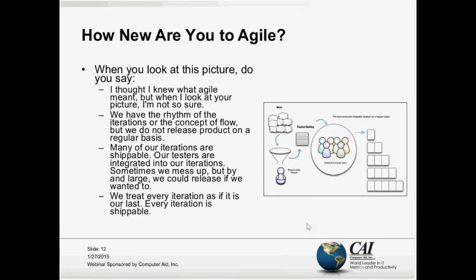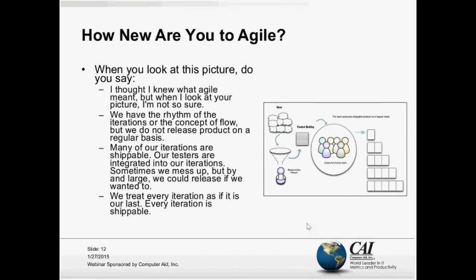So the team keeps pushing out, for lack of a better word, fully functioning, releasable product. And my question to you is, when you look at this picture, do you say, I don't know, that's not quite what we're doing, right? That's the first option.